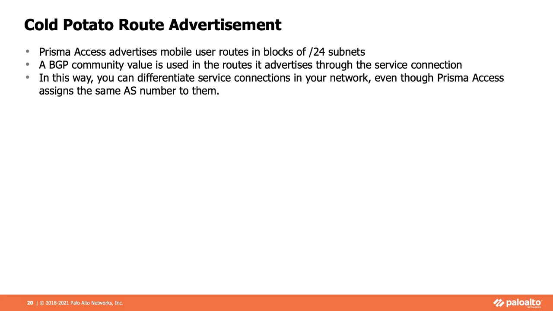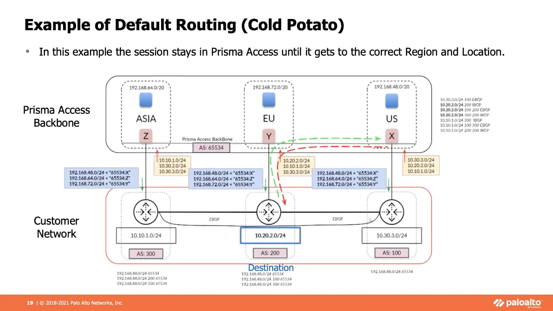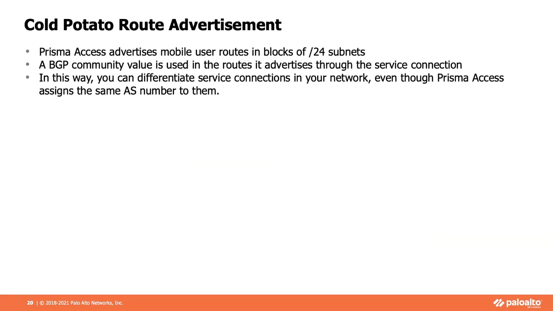Now we use, again, our own internal BGP. If you have a lot of different routes configured, then what we do is break those routes into blocks of /24 subnets, so Class C subnets.